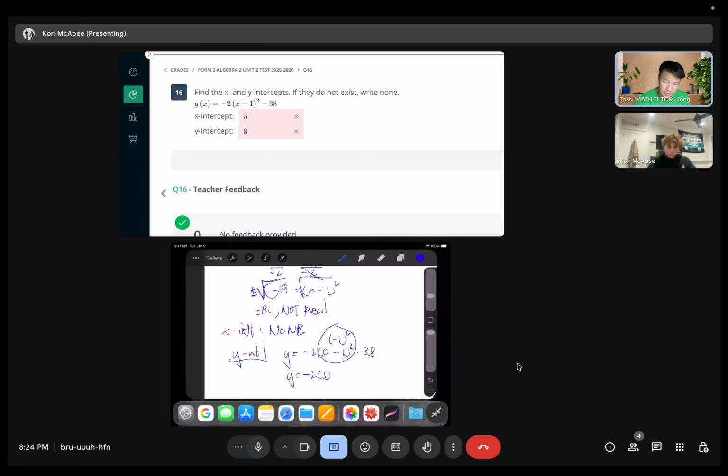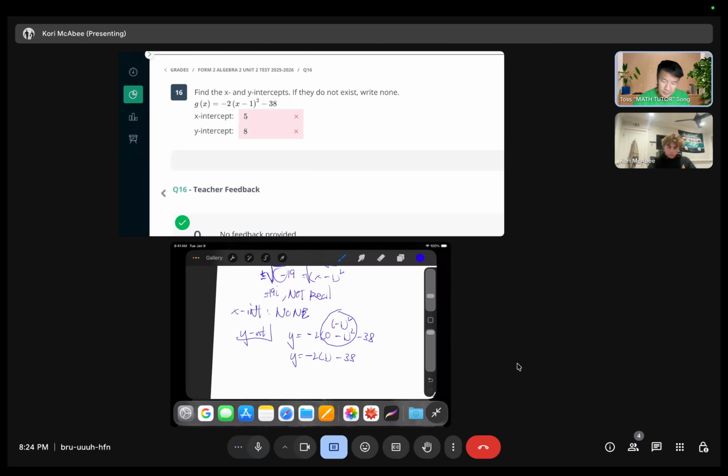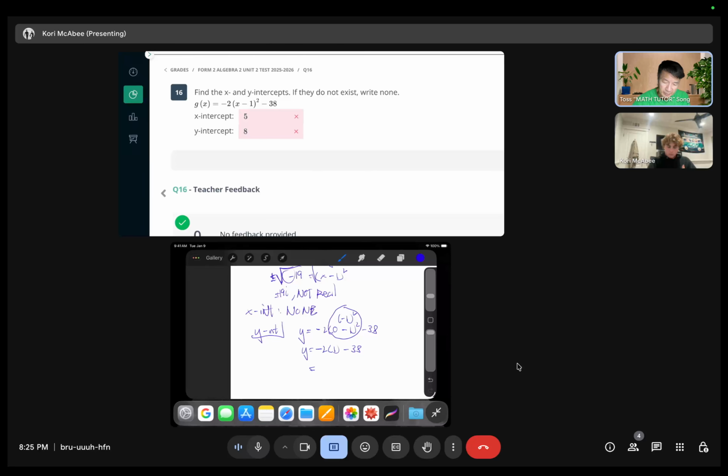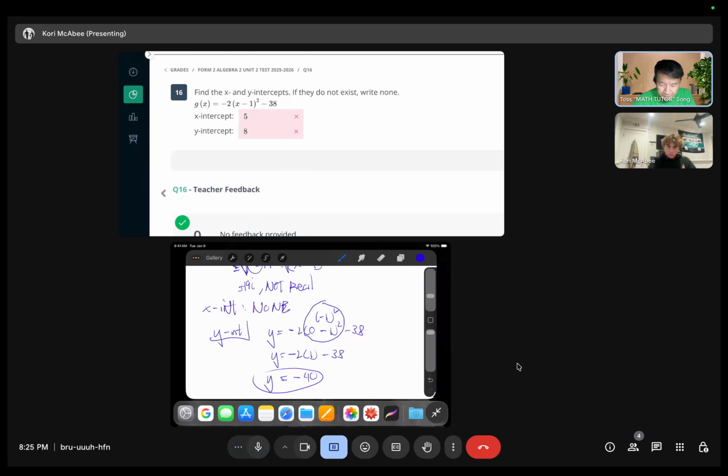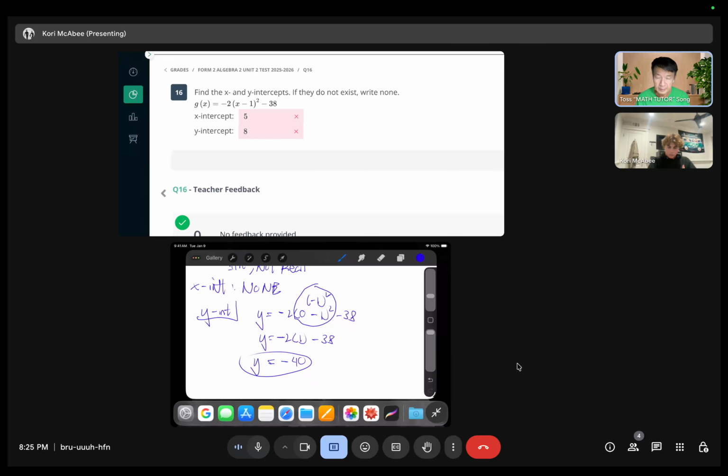So it's negative 2 times 1 minus 38, which is negative 2, and combined with 38 it's negative 40 for y. Done. Double check: negative 2 minus 38 is negative 40. Yep, that's that for that one.